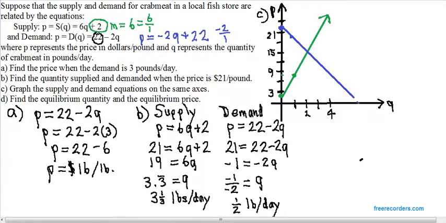And that is not going to go infinitely, because if it goes into the fourth quadrant, you would get negative prices, which make no sense. So here we have our demand graph, and here we have our supply graph.